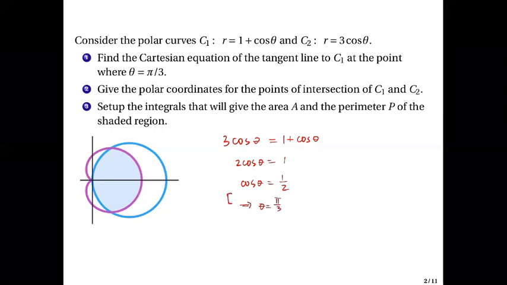So this point is on the interval 0 to pi. Theta equals pi over 3. So this point of intersection here is at the point where theta equals pi over 3. But what about the other one here?